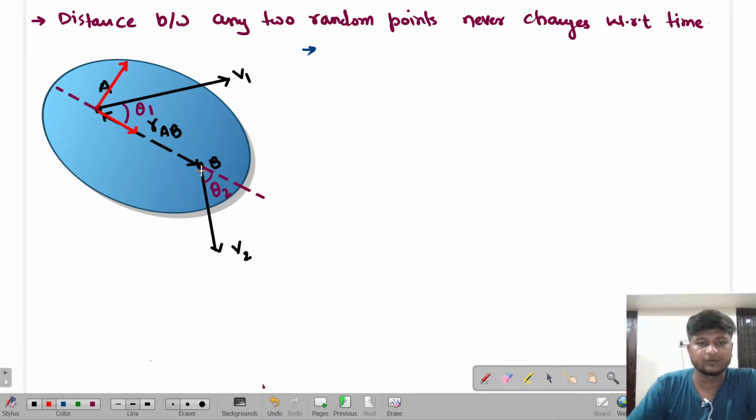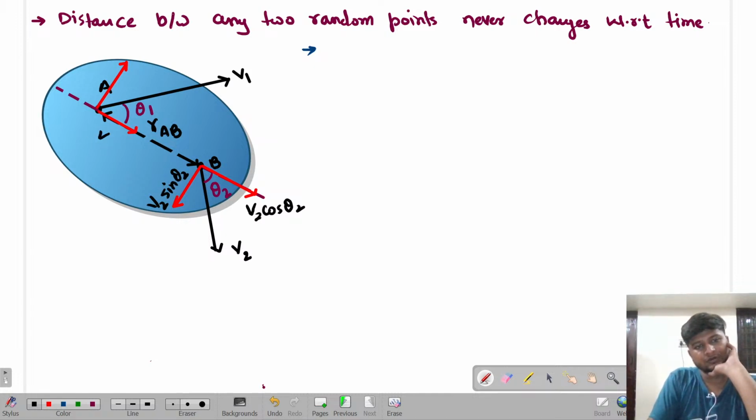For this also, two components, along this side and one perpendicular to it. Are you able to get me or not? So this is v2 cos theta 2, v2 sin theta 2, v1 cos theta 1 and v1 sin theta 1.